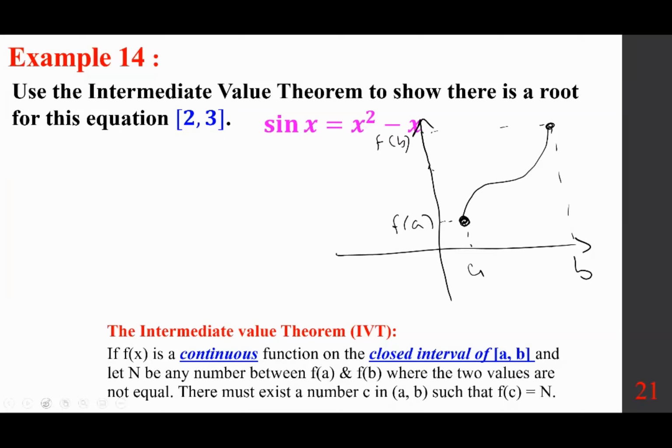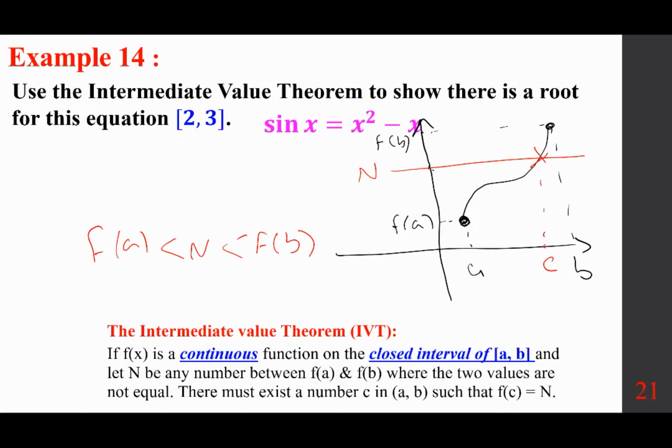So if we have a number in between, a number between this, let's say this is n, then because n is between f of a and f of b, assuming f of b is larger, then because it's continuous, it cuts it somewhere here.